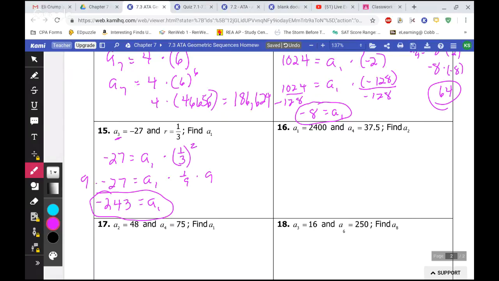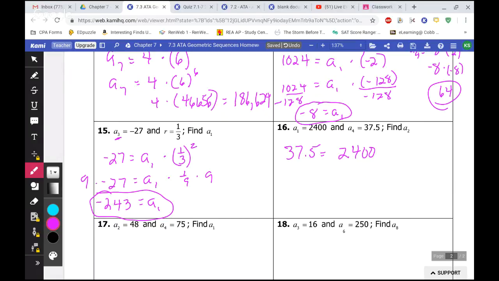Now this one's a little stranger. We've got 337.5. So we've got a to the 4th. We've got the value of the first term and the value of the fourth term. So let's just plug in everything we know. We're looking for a sub 2.